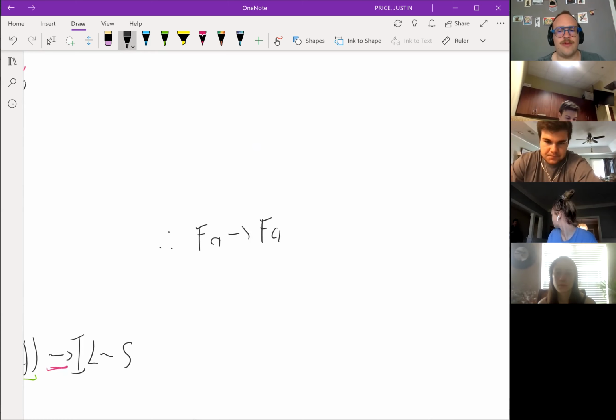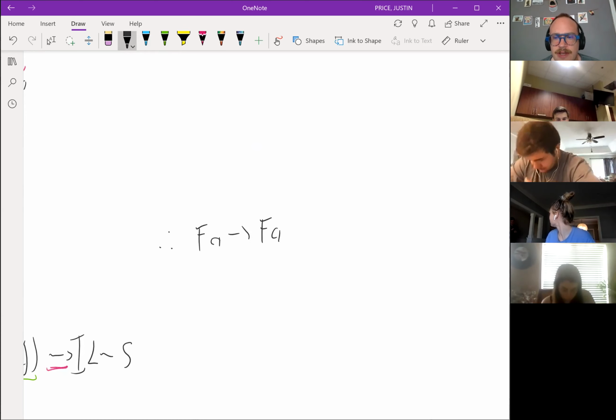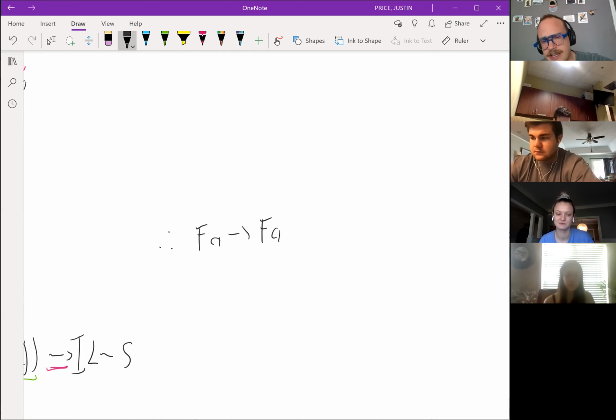That sort of well-formed formula is called idempotent. And if you think of it semantically, it's always going to be true, because no matter what truth value you assign those atomics, that main connective is always going to be true. So if FA is false, you have two falses, and the arrow symbol comes out true. And if FA is true, then you have two truths, and it's also true.